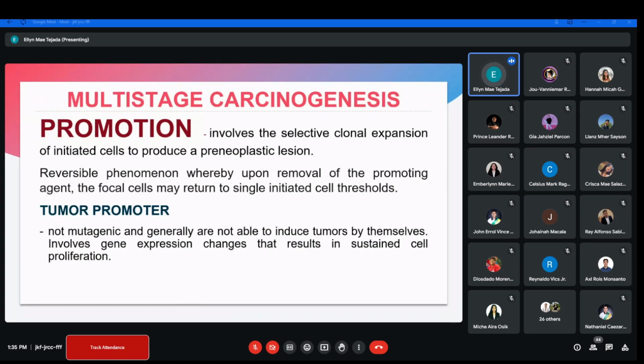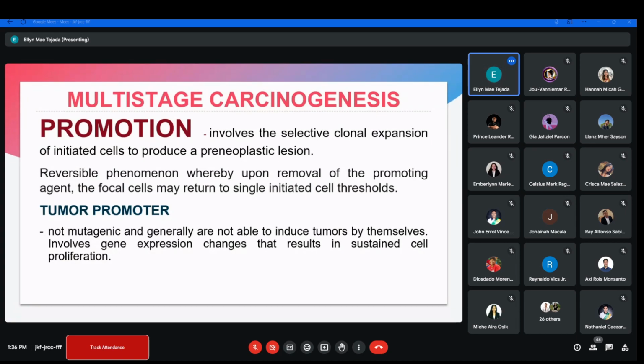Let's say, for example, we have a tumor promoter of the liver. Para lagi na siya sa liver. Let's say, for example, ang phenobarbital, it is recognized to be a tumor promoter sa liver. Then, it is only for the liver. It could not function as a tumor promoter in the skin or other tissues.